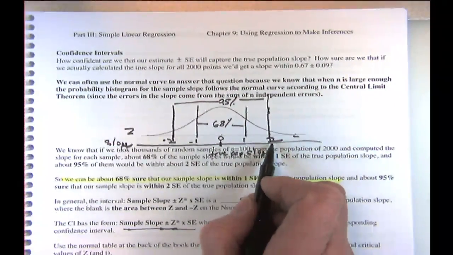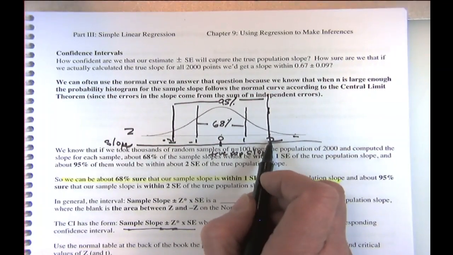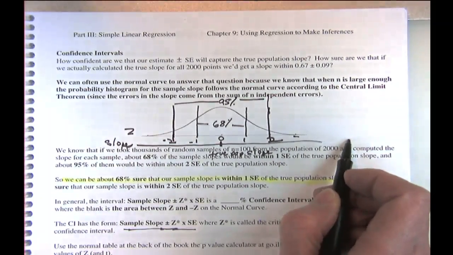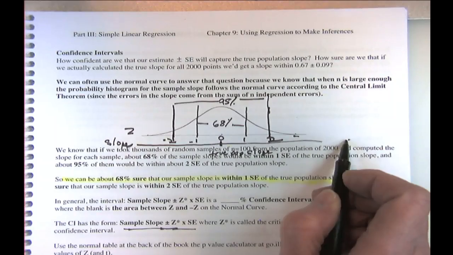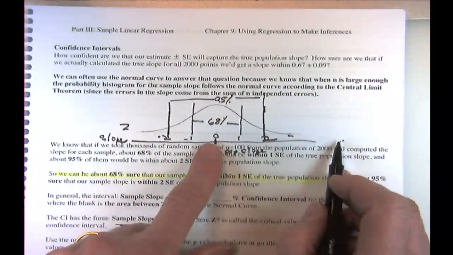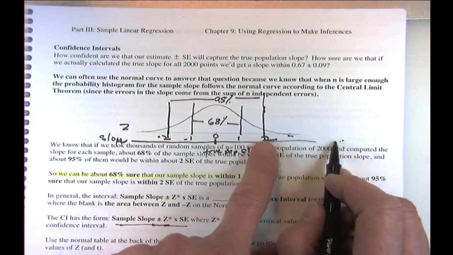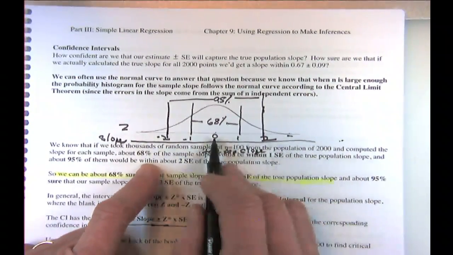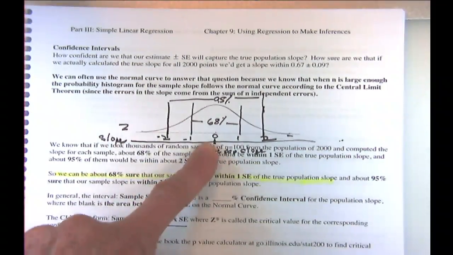So you go over 2 standard errors, and you go way up here to 4 standard errors away, way out here. That's 0.85, let's say, if the true slope was 0.6, but then you go 2 down, and you just nailed it. You just got the edge of it.